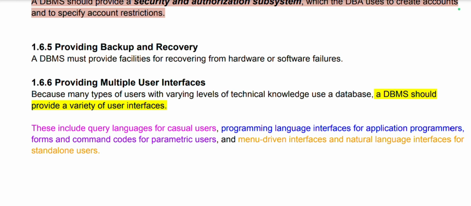Because there are different types of users and different programs, like query language for casual users, programming language interfaces, and command forms and codes, all will use the same database. Menu interfaces and natural language interfaces will also use the same database. Hence the DBMS should provide multiple user interfaces.